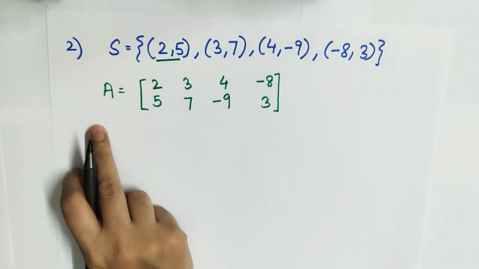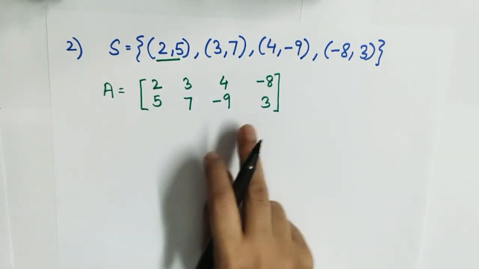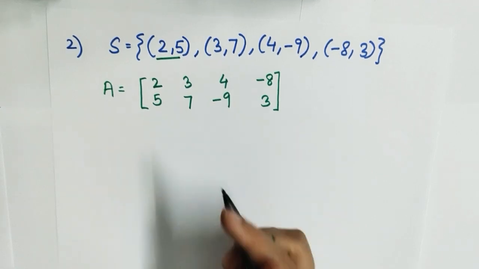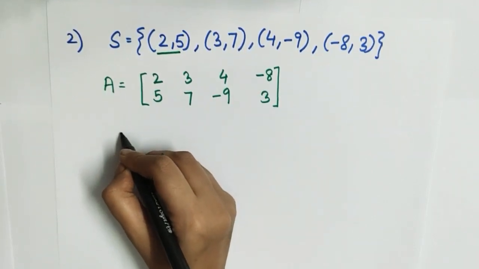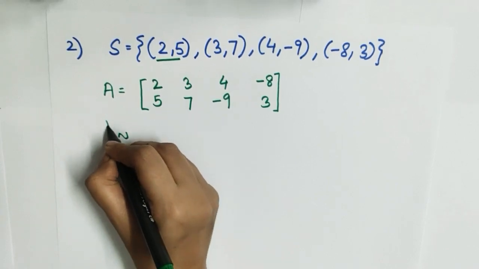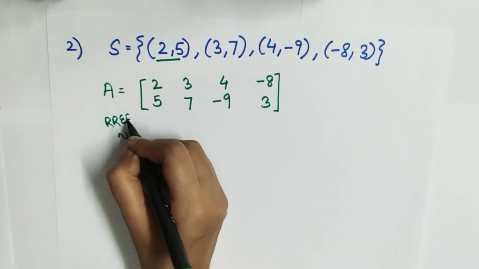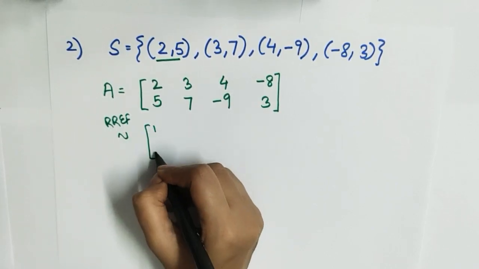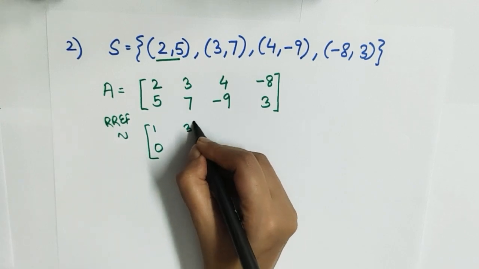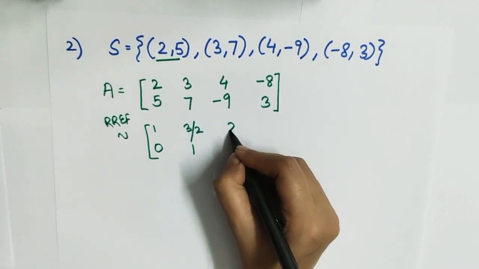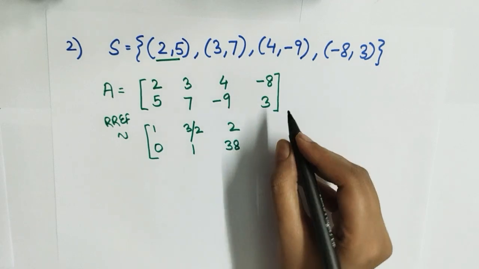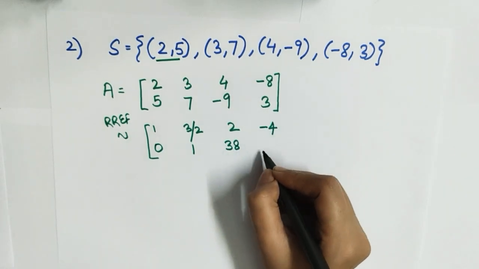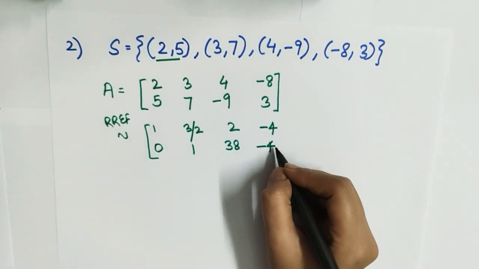So this is my matrix A. Now I find the RREF of A as above. I am straight away writing down the RREF here. My RREF comes out to be 1, 0, 3 by 2, 1, 2, 38, -4, -46.